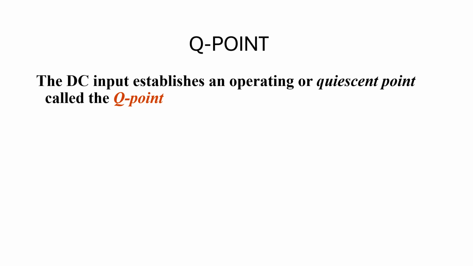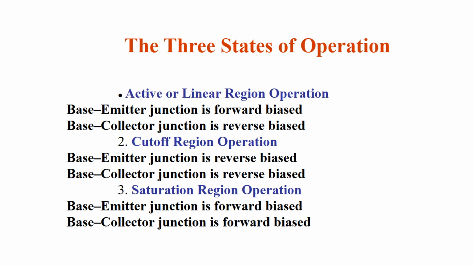The point where the output is distortionless and faithful is called the operating point or quiescent point or Q point. Normally the point is voltage comma current, VCE comma IC. We will see the Q point in the next slides.